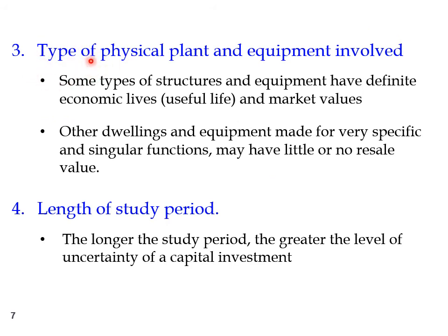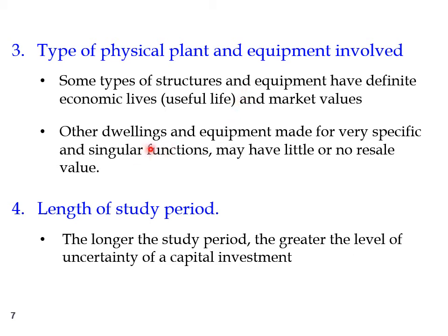It can be sourced because of the physical plant and equipment involved in the project. In some cases, you need to construct a building, you need to buy a machine, and so on. And usually these equipments, machines have their useful lives and market values. Sometimes you know these useful lives and market values for more certainty, but in some cases you don't know these values because they are in the future and they are sources of uncertainty.